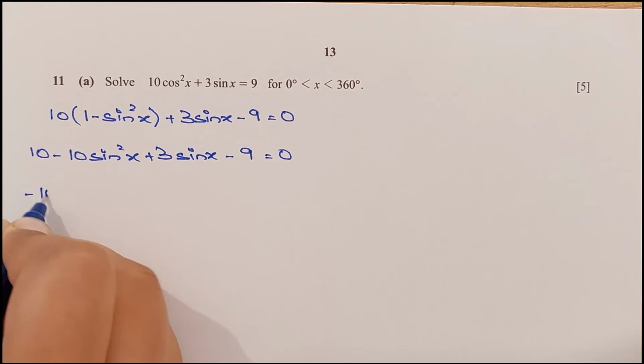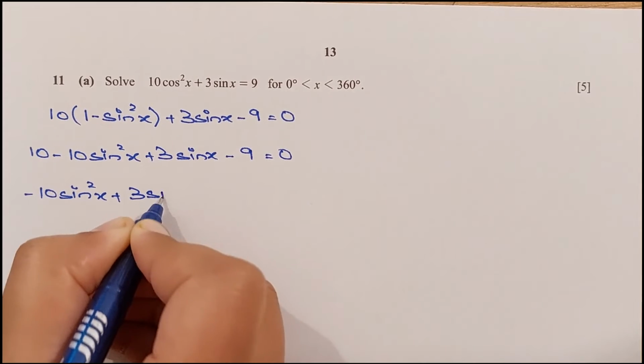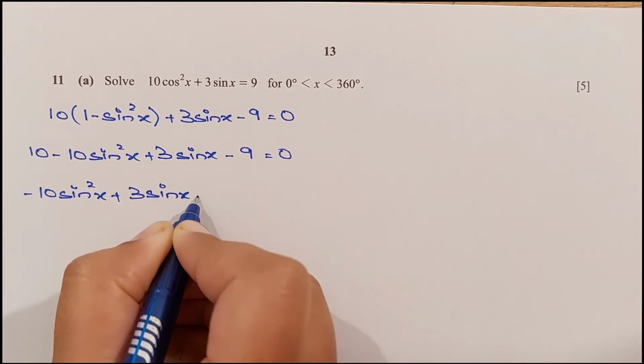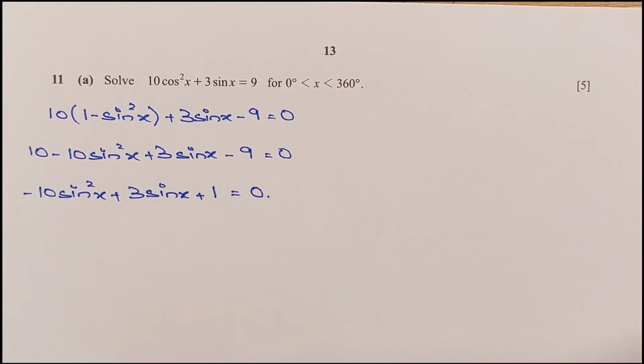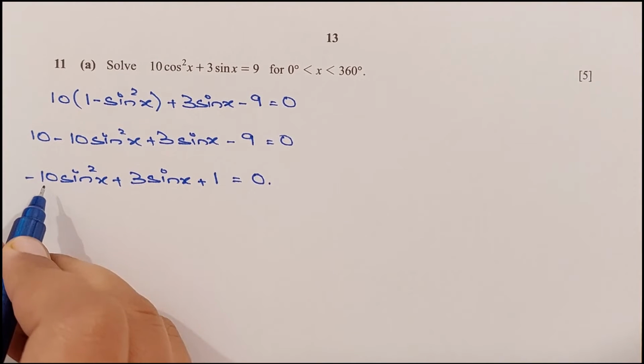So we have negative 10 sine square x plus 3 sine x, and 10 minus 9 is plus 1, equals 0. Now let me just factorize.